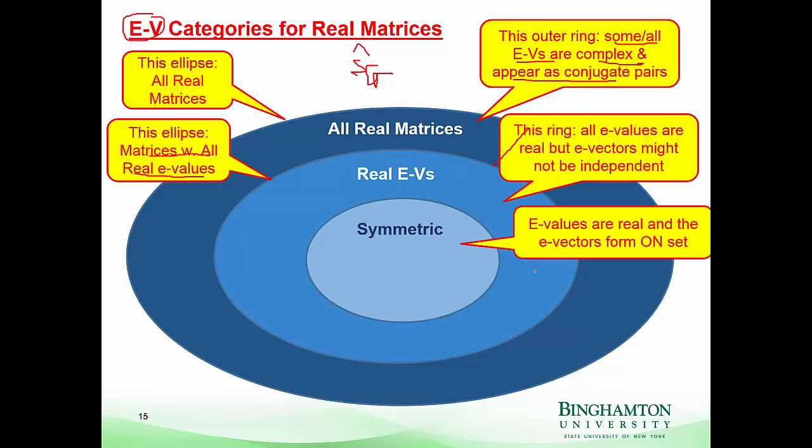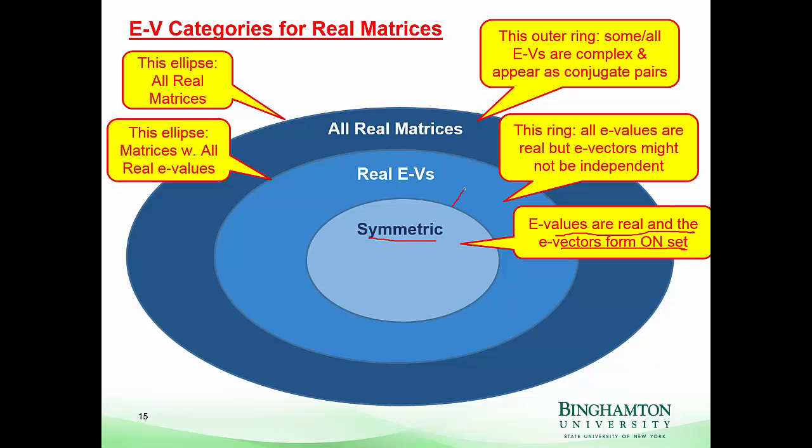Now we add in another ellipse. Let me clear off some of the ink here. So this ellipse is symmetric, real symmetric square matrices. And so inside there, we know that the eigenvalues are real and the eigenvectors form an orthonormal set.